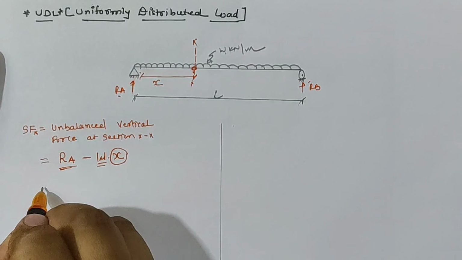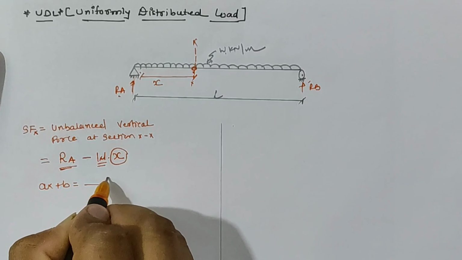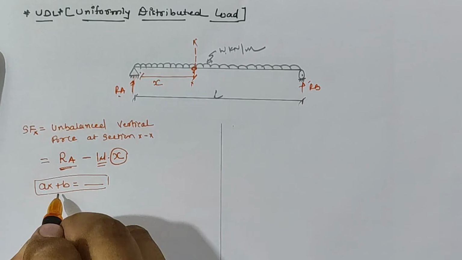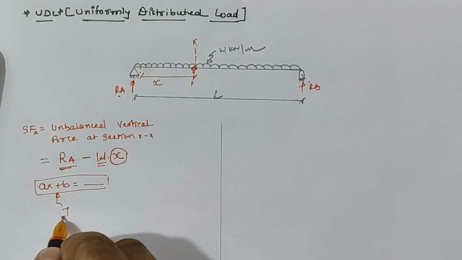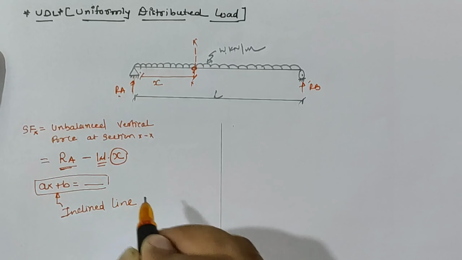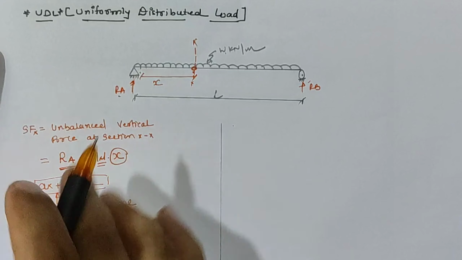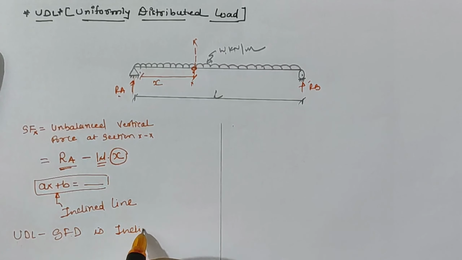And this equation is similar to ax plus b, which is equal to constant, and this equation is for inclined line. So from this part we can say that for UDL, shear force diagram SFD is inclined line.